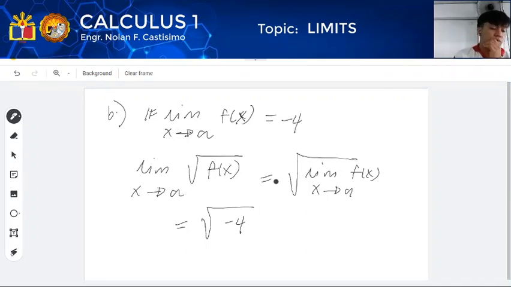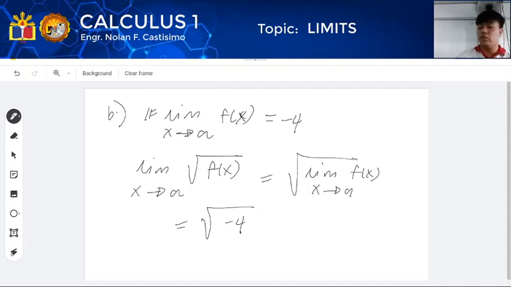Ha? Wala. Diba? So, sabi dyan, it is not possible to evaluate our equation because it will become a square root of negative 4. And negative 4 is not a real number since our number has a negative sign.